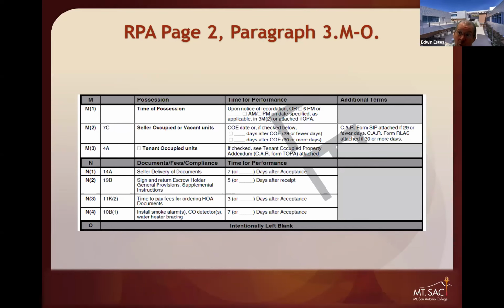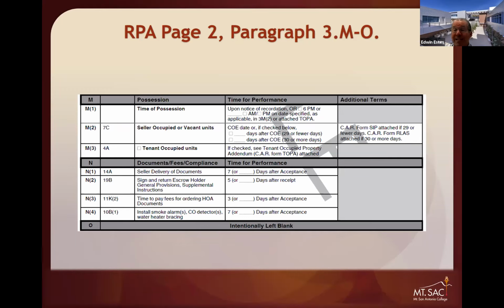State law requires houses to have smoke alarms, CO detectors, and water heater bracing. And if you don't have those in your home, you're in violation of the law. Of course, I think it's only a $100 fine, so nobody cares. Well, you should care, because if you get a fire, or a CO emission, it can be bad, right? So the seller needs to have those installed within 7 days.